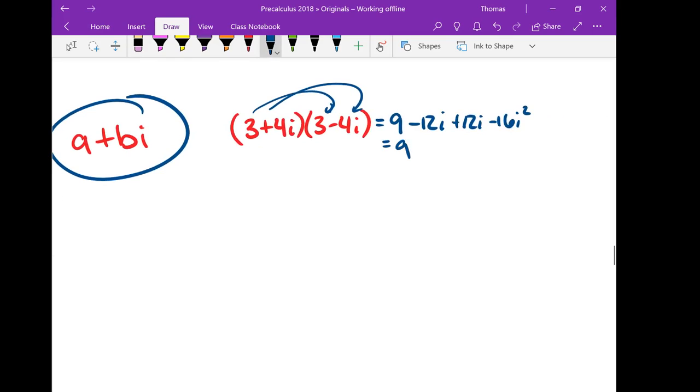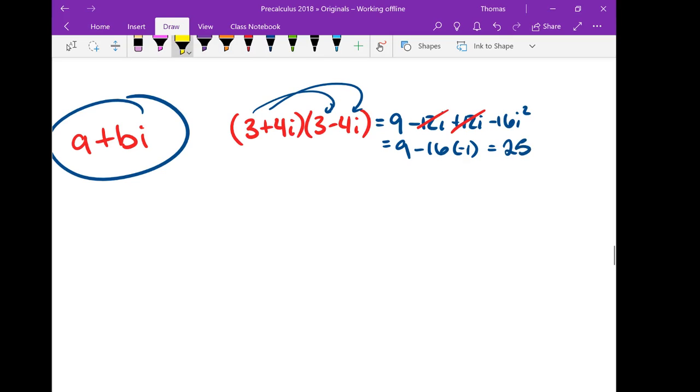Simplifying, these imaginary terms cancel each other out. A negative and a positive 12 are gone, and we're left with negative 16 times i squared, which is negative 1, so it's just going to be 9 plus 16, 25.